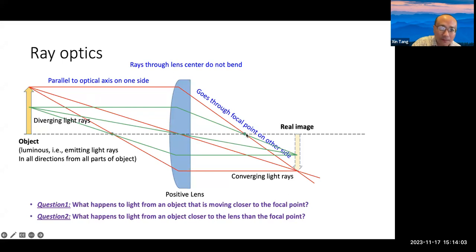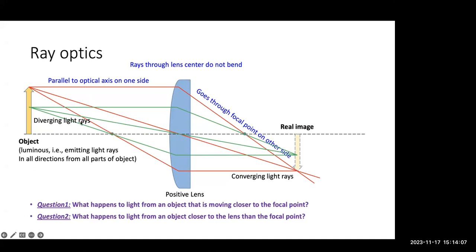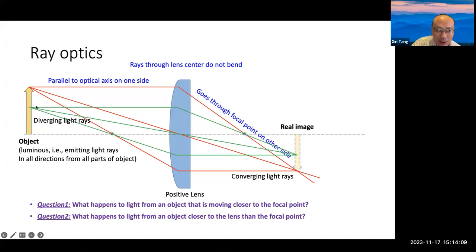Do you follow me? Yeah. So as you move away toward infinity, the current real image gradually shrinks until it becomes one point here. So if you move away from the focal point, the real image reduces.